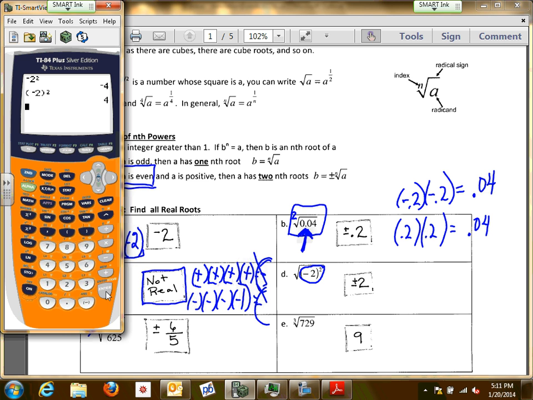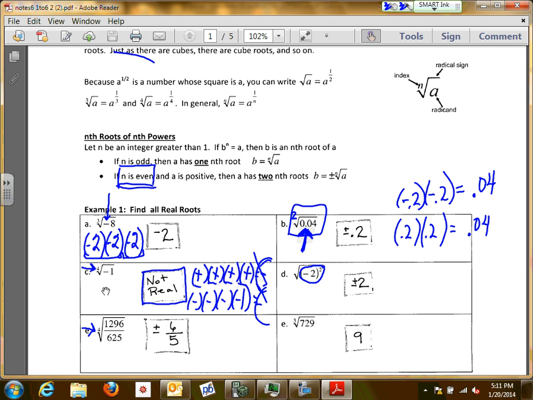And here is why. If you type into your calculator negative 2 squared, guess what? The calculator is just squaring the 2, and then it tacks on the negative in front.